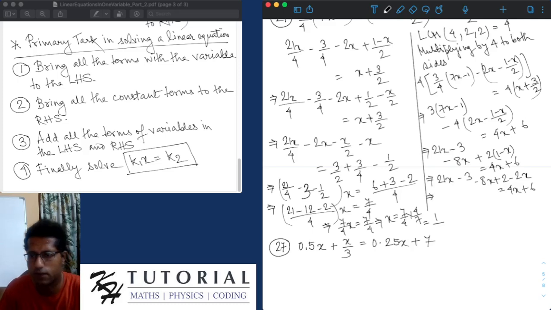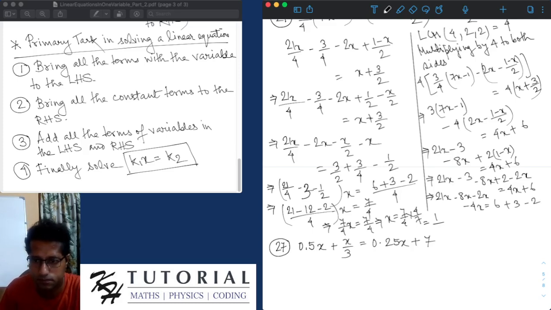Now if I bring all the x terms to the left hand side and all the constant terms to the right hand side, it becomes 21x minus 8x minus 2x minus 4x equals 6 plus 3 and minus 2.